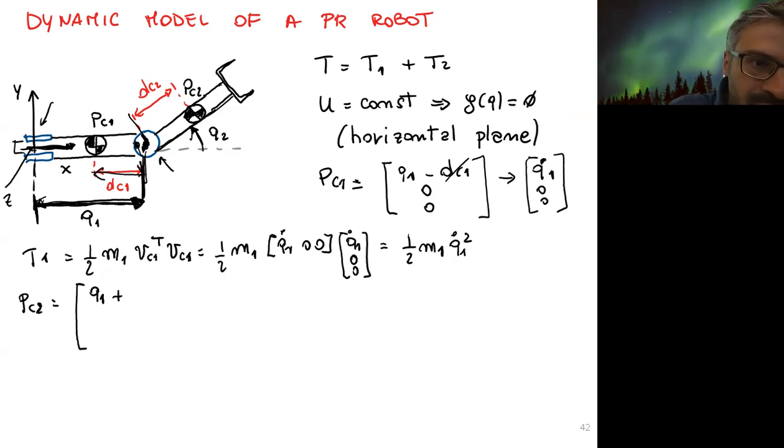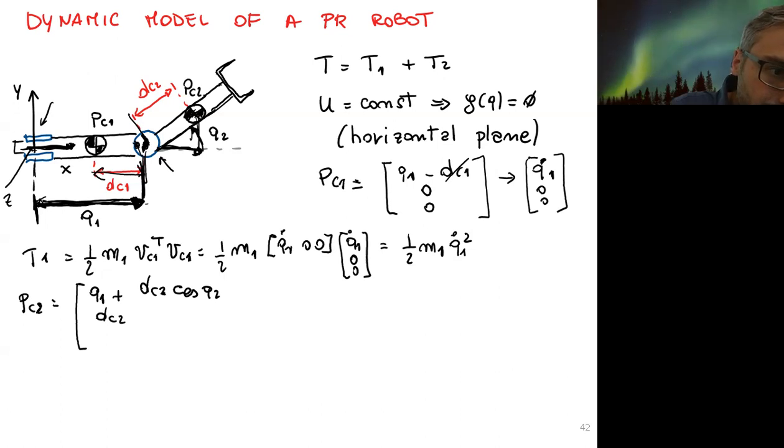So the position PC2 is Q1 plus DC2 cosine of Q2 on the X direction, this term plus this term. While on the Y direction it is DC2 sine of Q2, and 0 on the Z direction.